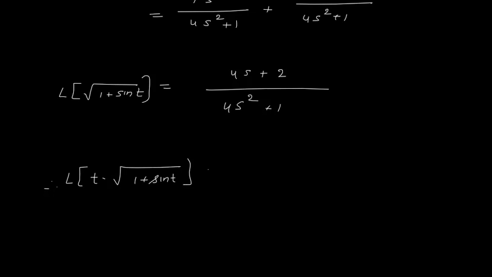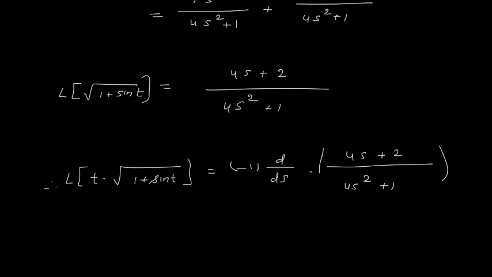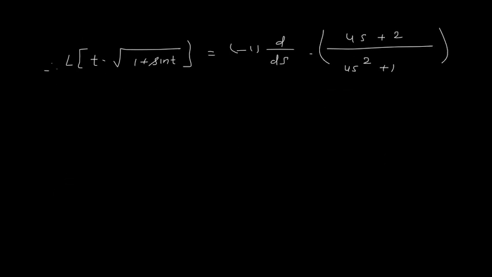So by definition it will be minus 1 into d upon ds into 4s plus 2 upon 4s square plus 1. Okay, so when you are solving Laplace and using this property, I assume that you know differentiation very well. So this is minus 1.